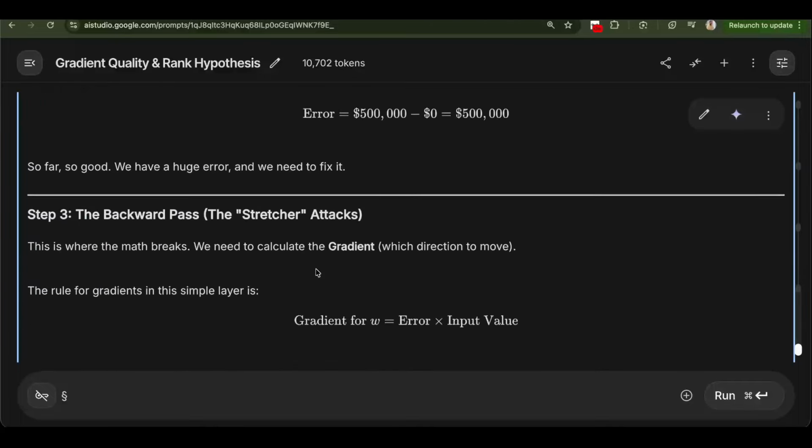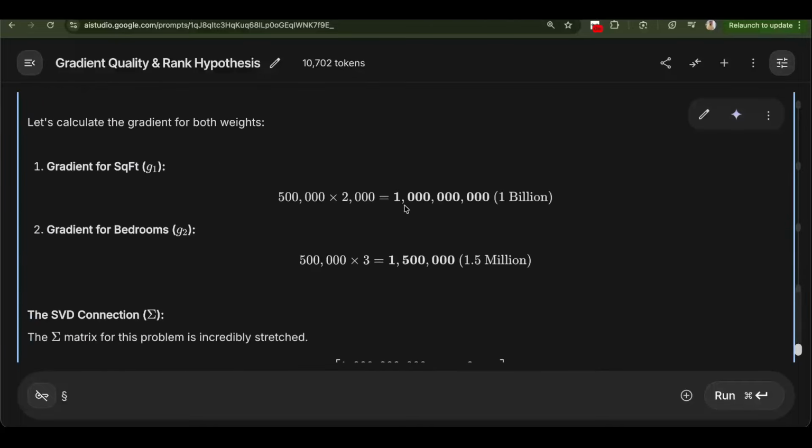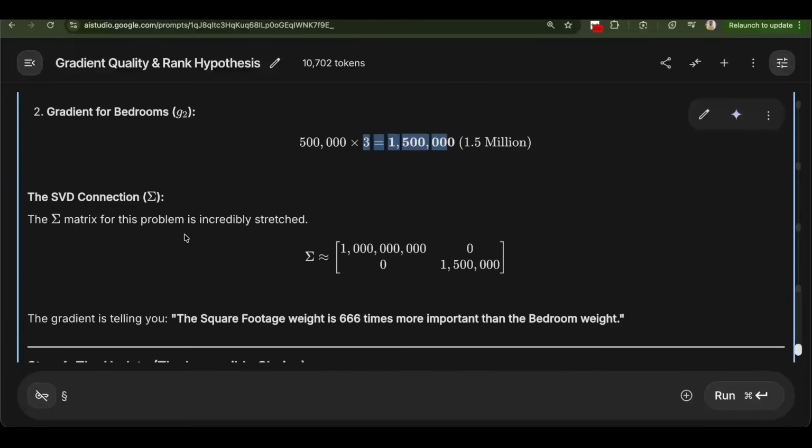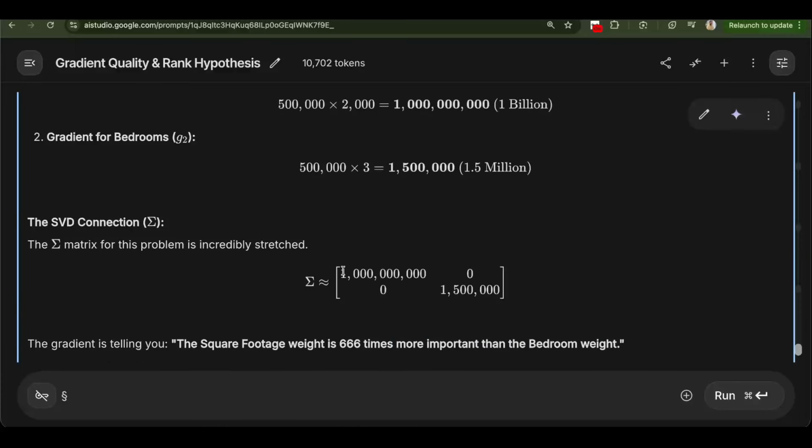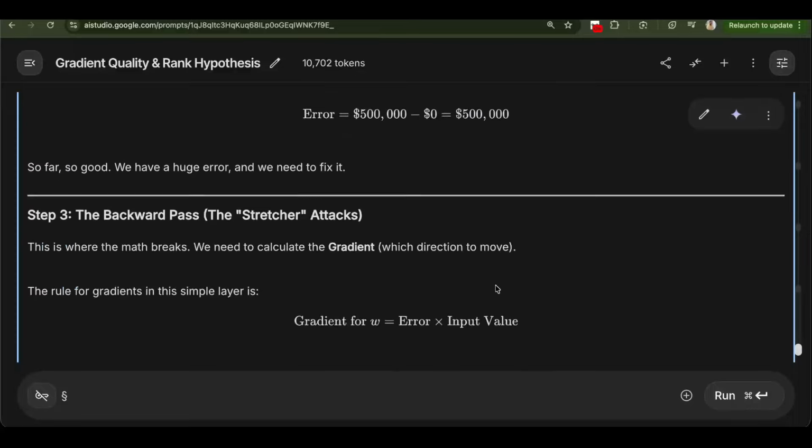So that's why we have this huge difference in gradients. And Muon is trying to fix this. So this would be the stretching factor. And this gradient is saying that square footage is 666 times more important than bedroom weight. But it's not in reality, it's just that we calculated that because the numbers are on different scales.